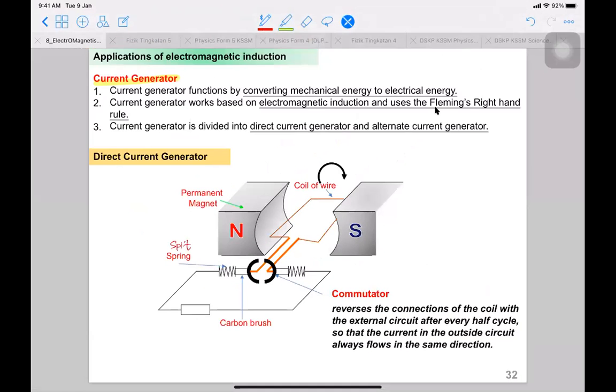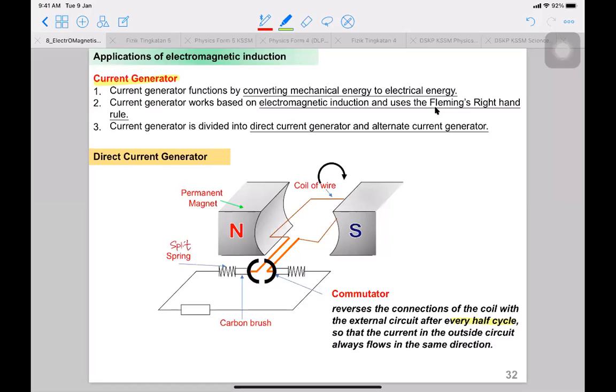So a function of the commutator is to reverse the connection of the coil with the external circuit after every half cycle. Okay, apa yang kamu mesti paham dulu yang ni nanti, every half cycle. What is meant by every half cycle? Bila itu half cycle tuh? Bila dia akan jadi half cycle?